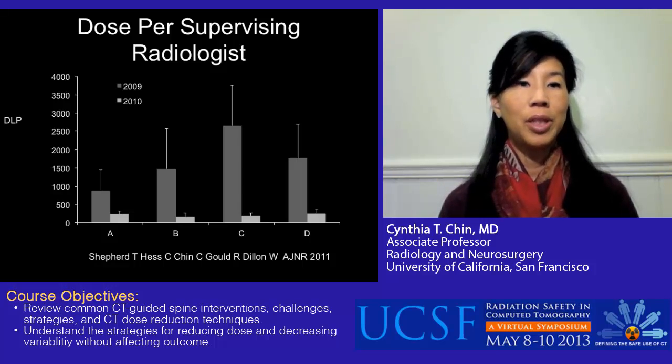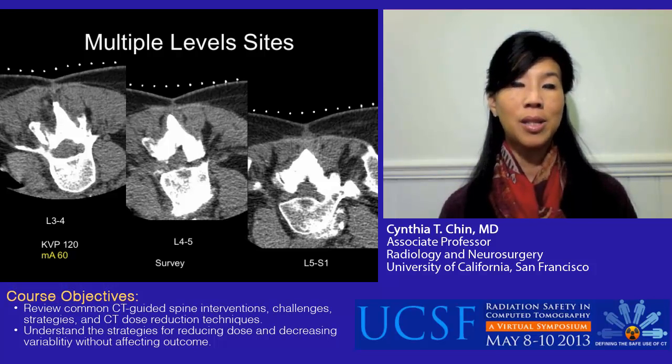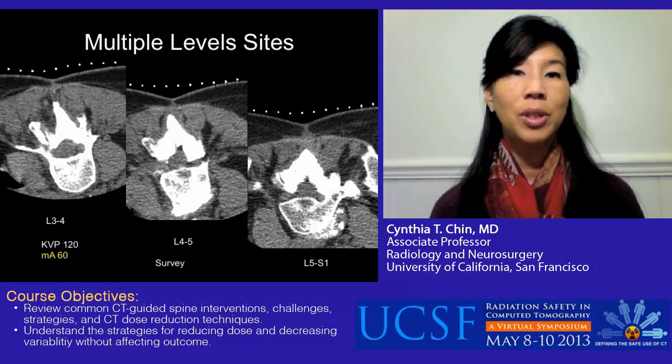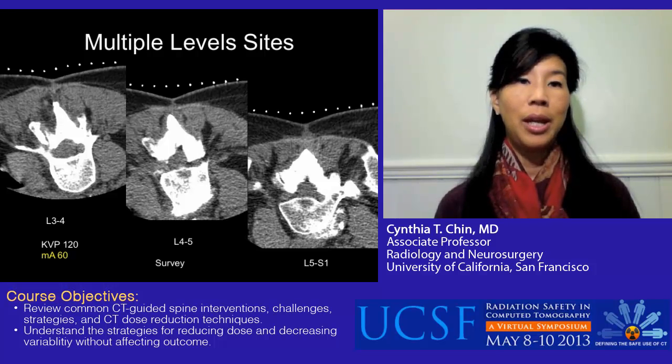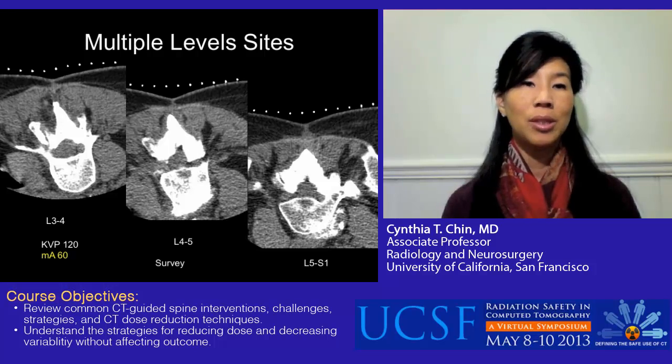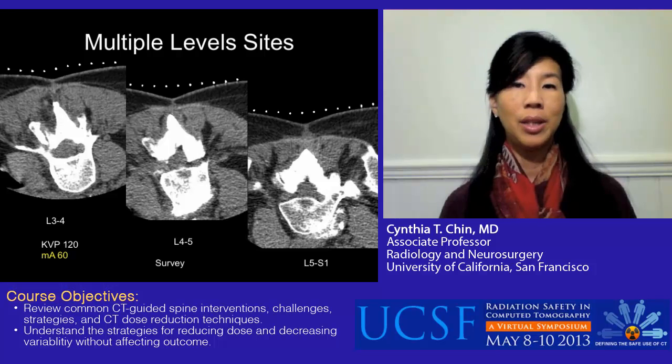The question often comes up, well, what if there are multiple sites that need to be accessed? How best to achieve intervention in patients with multiple sites? This next slide shows 3 sites in one patient that needed to be injected: the 3-4 facet and nerve, the 4-5 facet and nerve, and the L5-S1 facet and nerve.